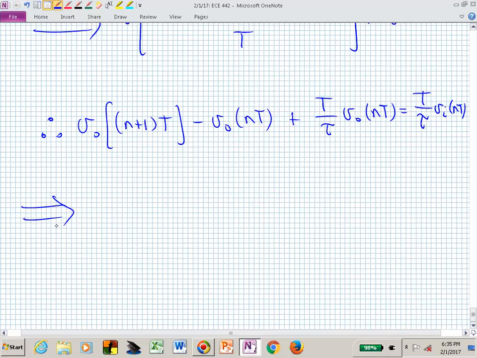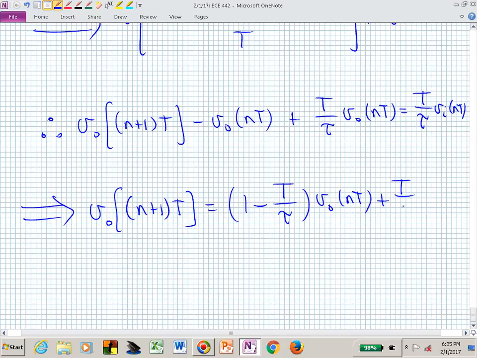And now we simply have a difference equation. If we push everything on the other side of the equality and keep on the left-hand side the advanced indexed version of our output voltage, we now have V naught of (n plus 1) capital T equaling 1 minus capital T over tau, times V naught of nT, plus capital T over tau V sub I of nT.